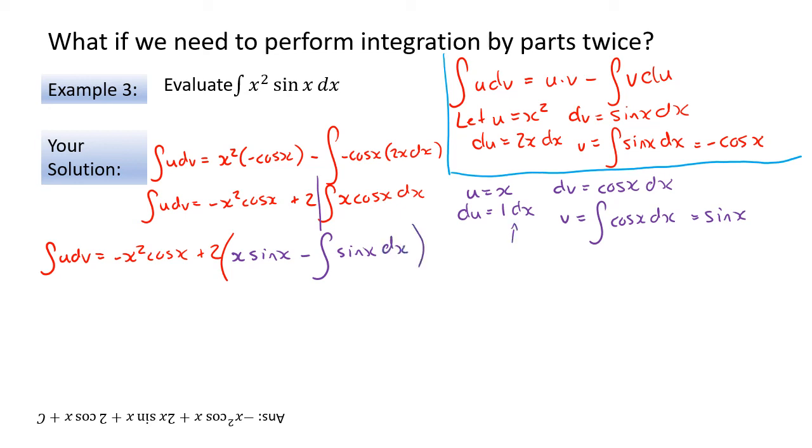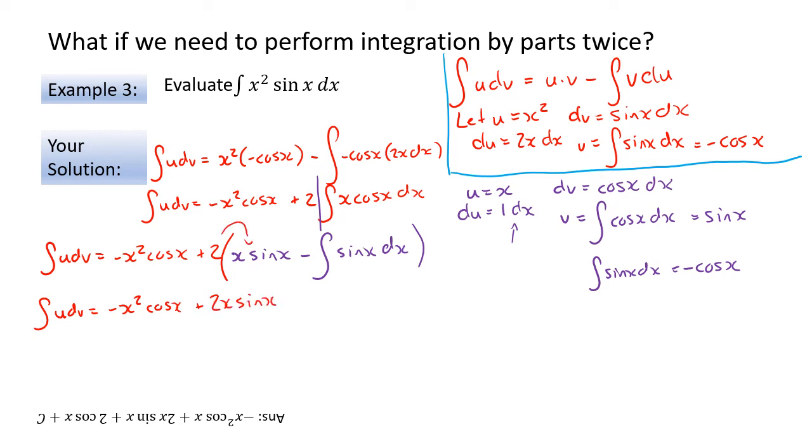Okay? So doing this integral, okay, I'll do it on the side. We know that the integral of sine x dx is negative cosine of x. Okay? So substituting this in, we get the integral of u dv is equal to negative x squared cosine of x plus 2x sine of x.